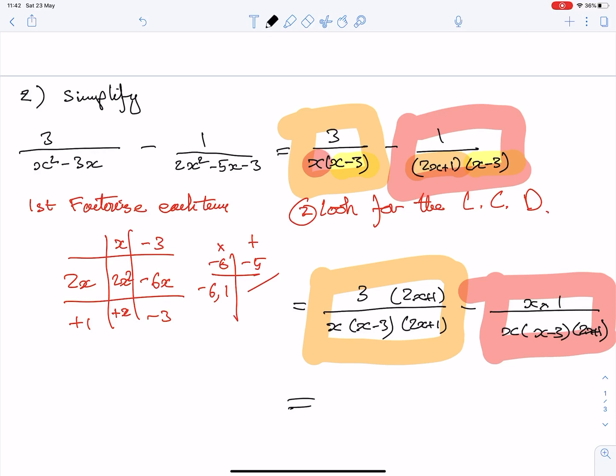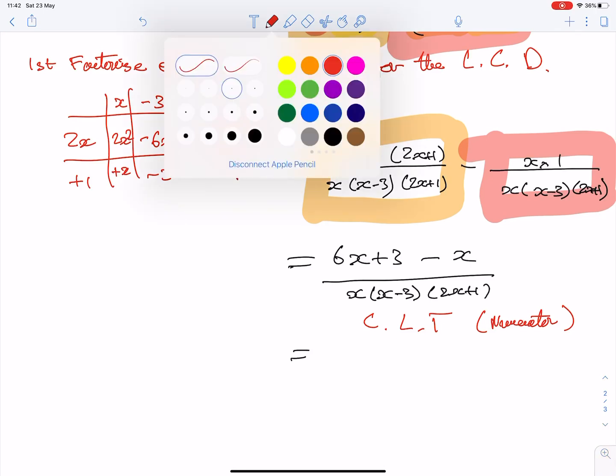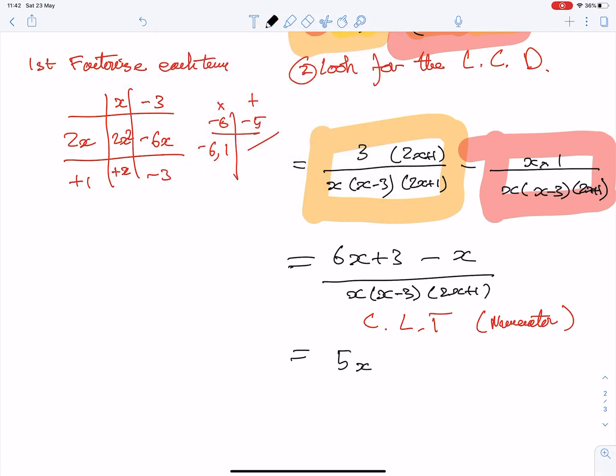Okay, expand the top now, so we get 6x plus 3 minus an x all over x minus 3, 2x plus 1. Tidy it up, collecting the like terms. So we're collecting like terms here, numerator, and we're going to get 5x plus 3 over (x minus 3)(2x plus 1).